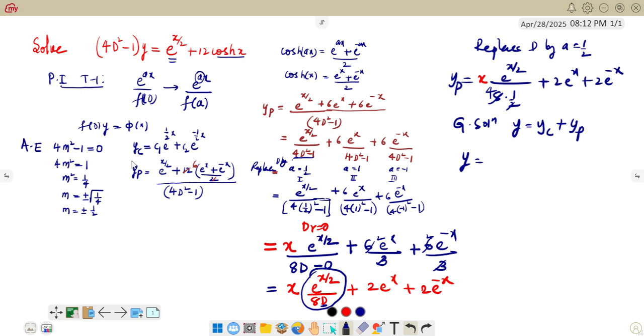The complementary function is here: yc is c1 e raised to 1 by 2x plus c2 e raised to minus 1 by 2x, plus the particular integral x e raised to x by 2 divided by 4, plus 2 e raised to x plus 2 e raised to minus x.